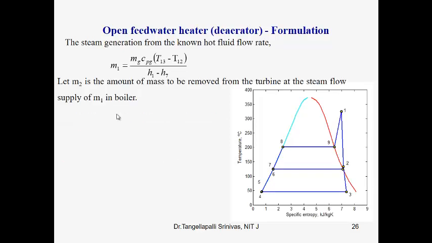The amount of steam is determined from the heat balance in the boiler, that is ms or m1 is equal to heat recovery from the hot gas over the enthalpy rise in the boiler, that is 7 to 1.